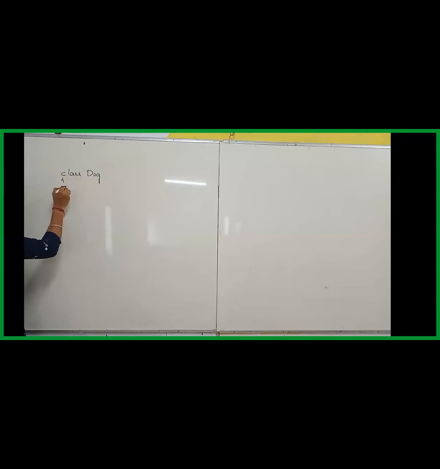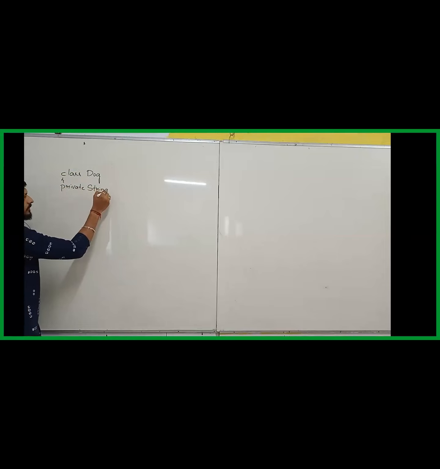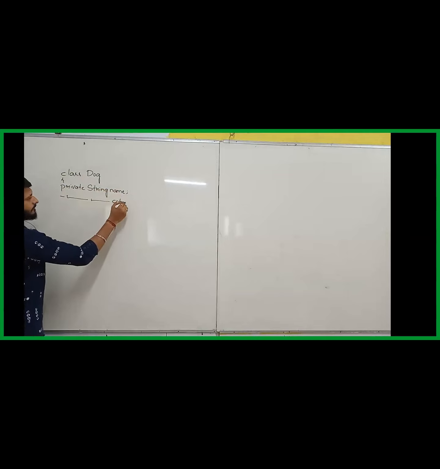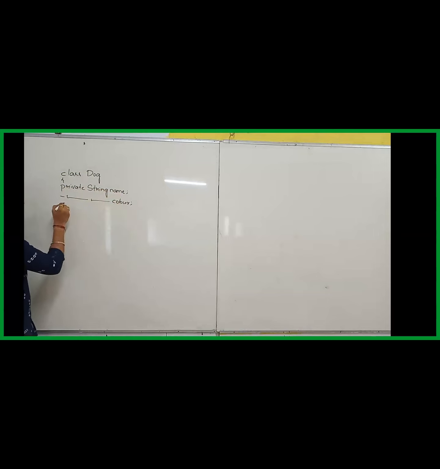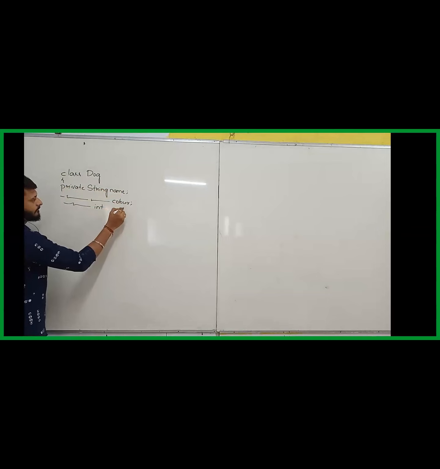Inside this, I'll write private string name, color, cost. And then next word, I will leave some empty space here.